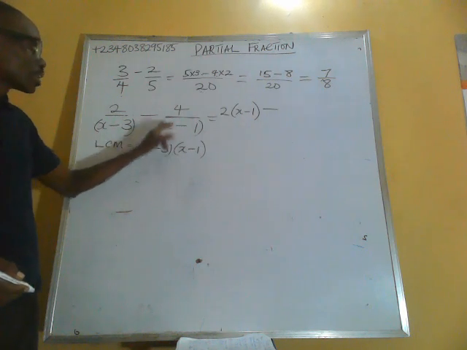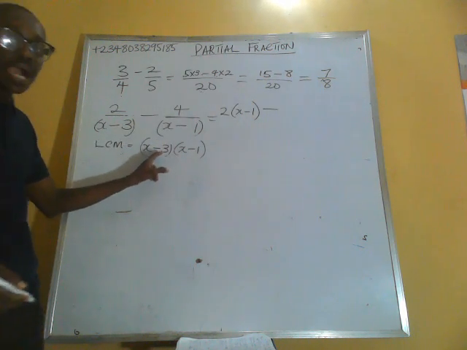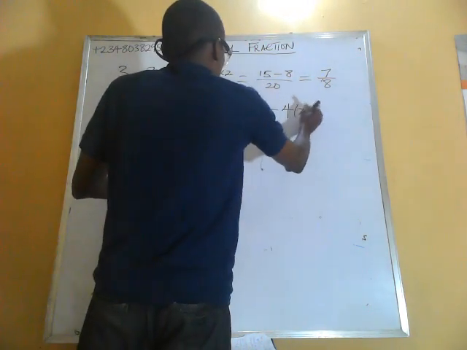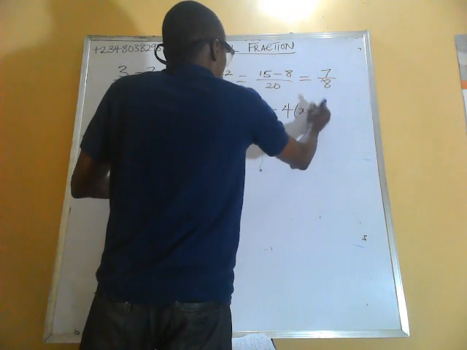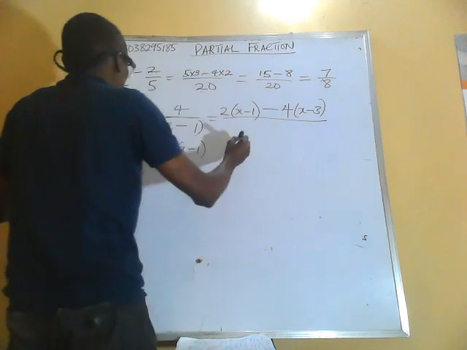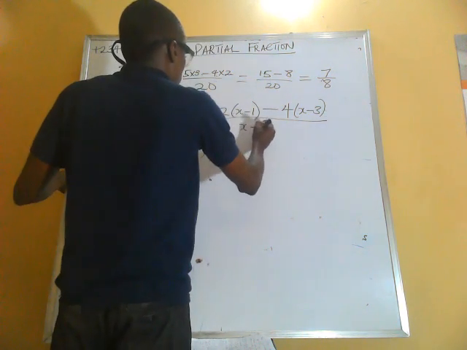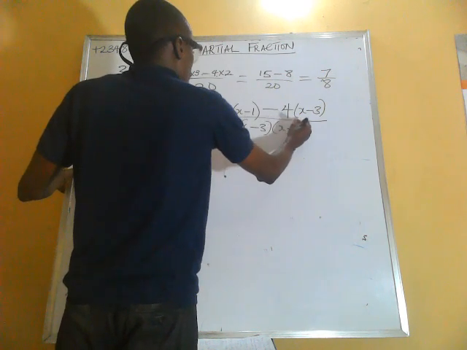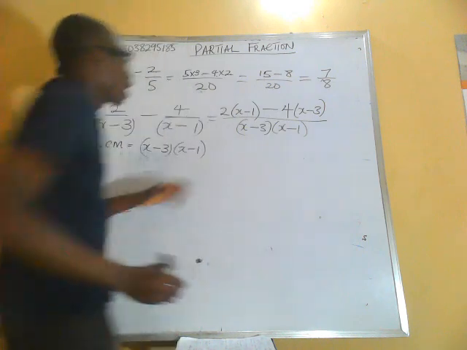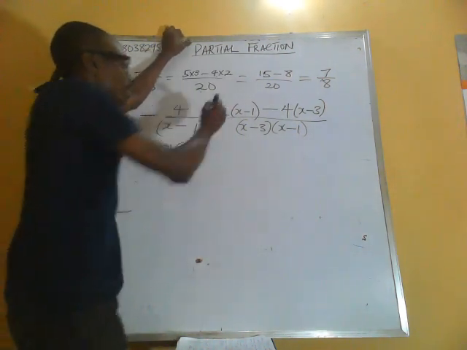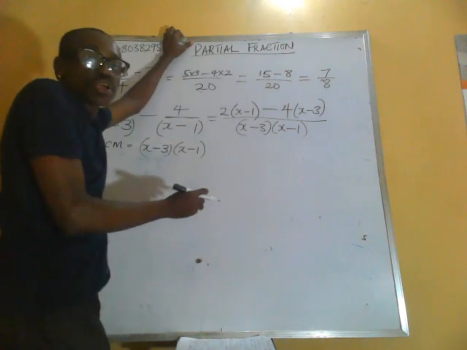That will be 4 times x minus 3, all over the LCM, x minus 3, x minus 1. Right now, you can go ahead and expand the numerator. What do we have?